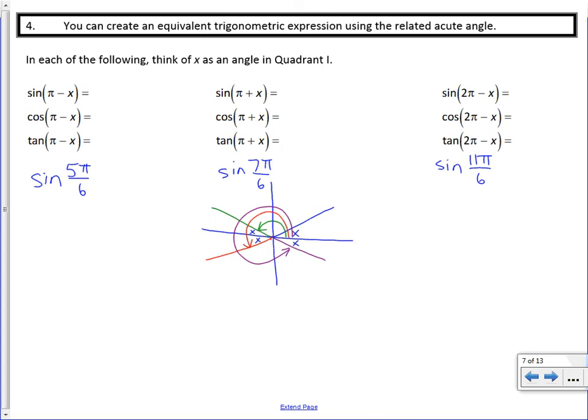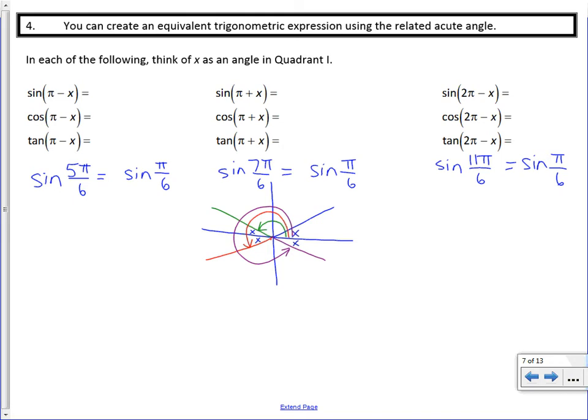Do we all agree that what I've just picked are 3 angles in quadrants 2, 3, and 4 that all have what as the related acute angle? Pi over 6. So can I write each of these? I'm not saying these are all correct, but each of these at least is partially correct right now, but only one of these is actually correct right now. Out of the three, which one is actually correct?